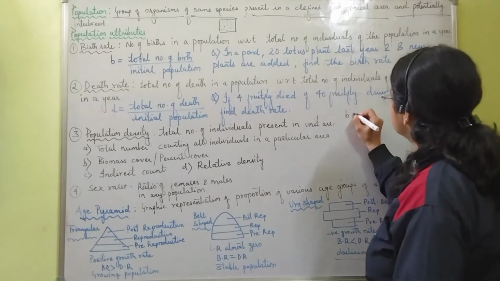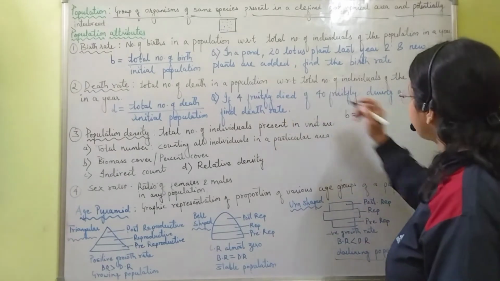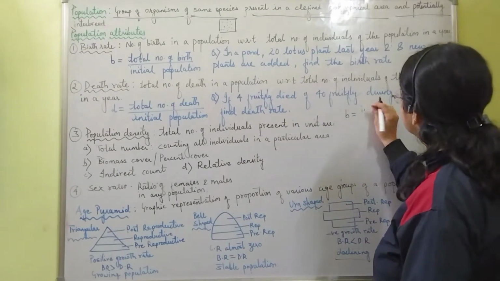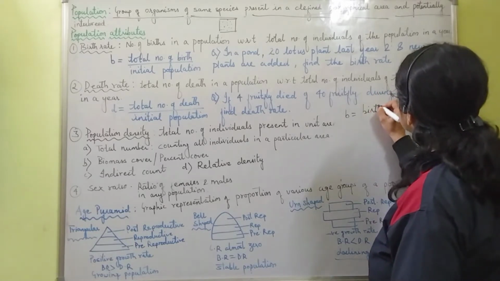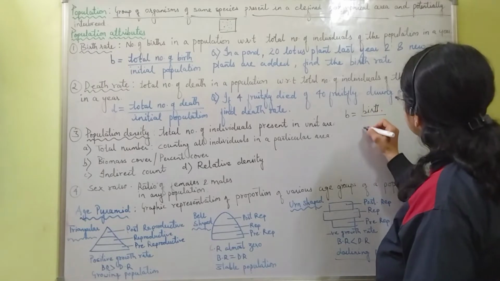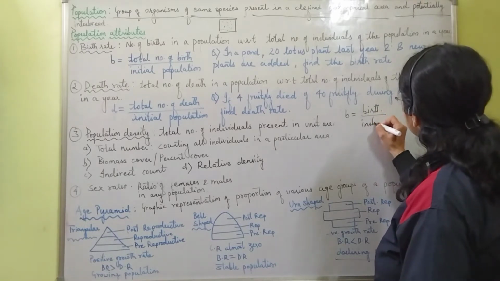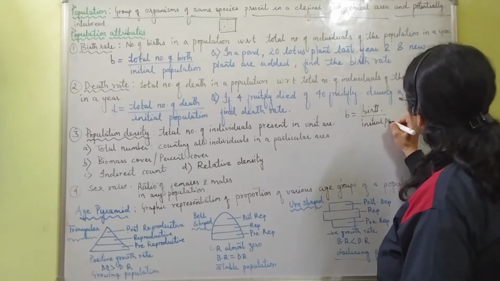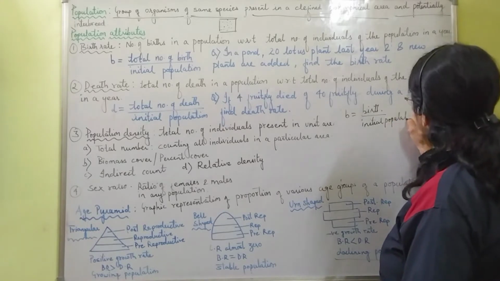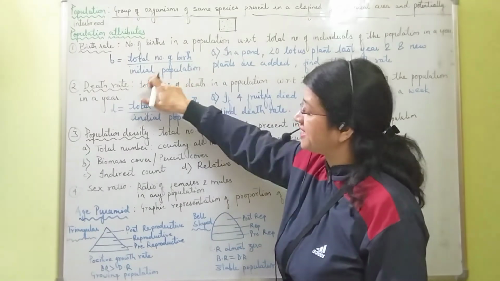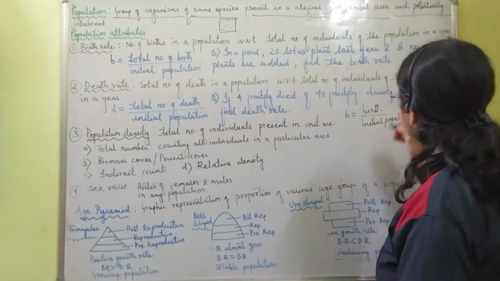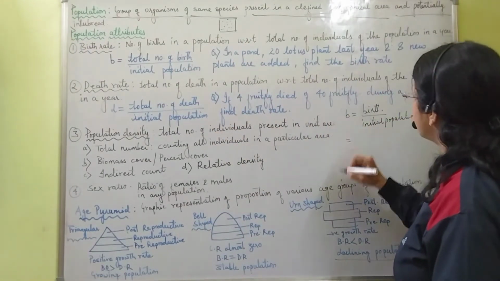Birth rate is equal to total birth upon the initial population. Clear? So just remember the formula, total number of births divided by initial population. So the total birth is how much?